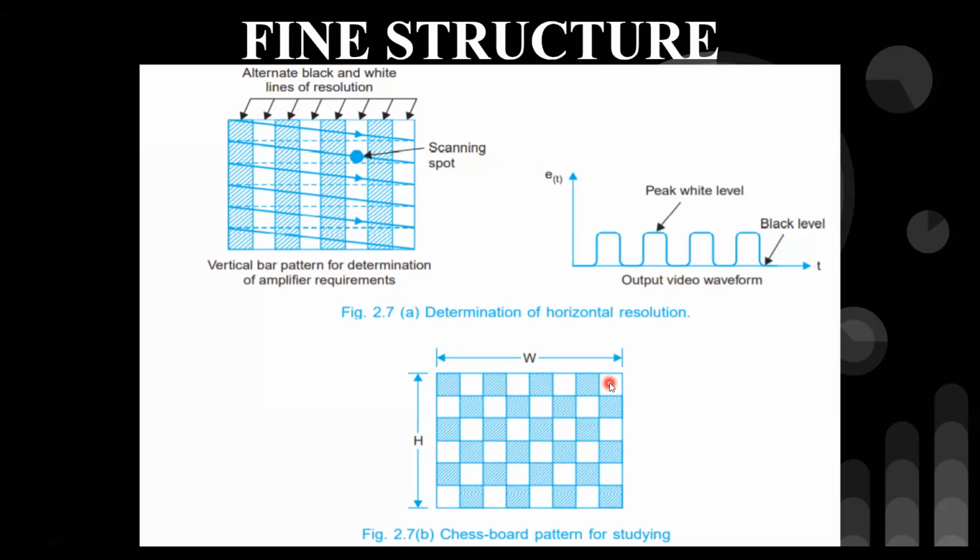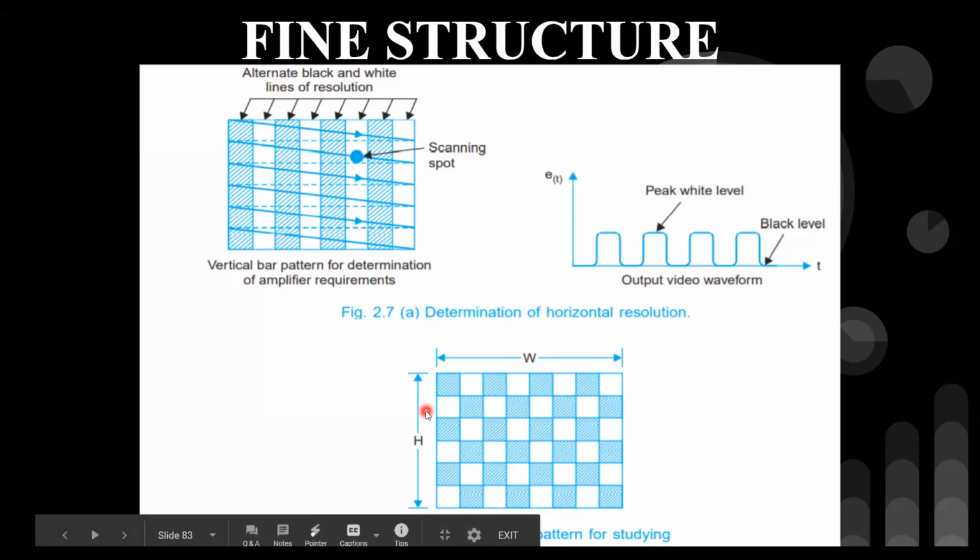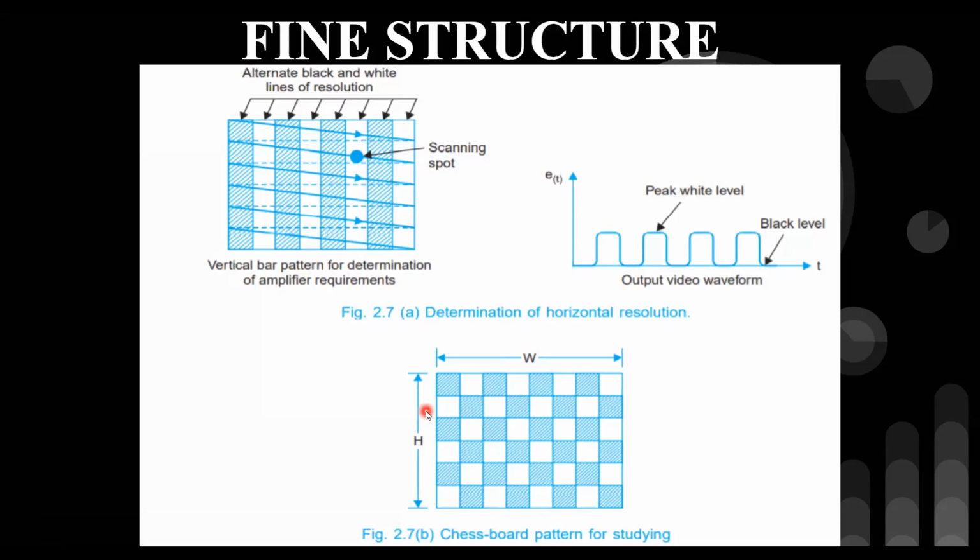So therefore, your successive retrace periods are drawn. Therefore, continuous monitoring is required on the basis of this resolution. So their length and width are drawn on this chessboard.